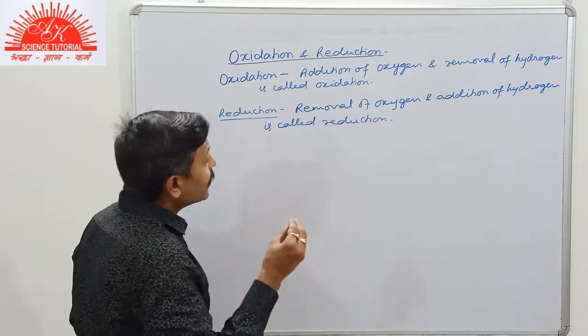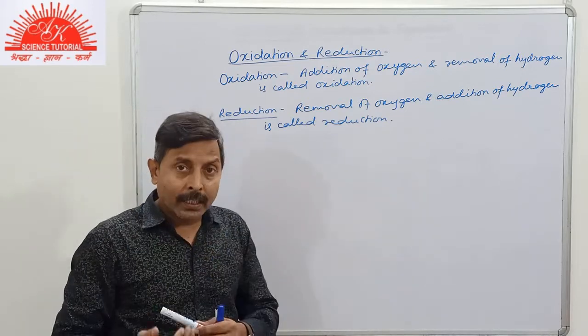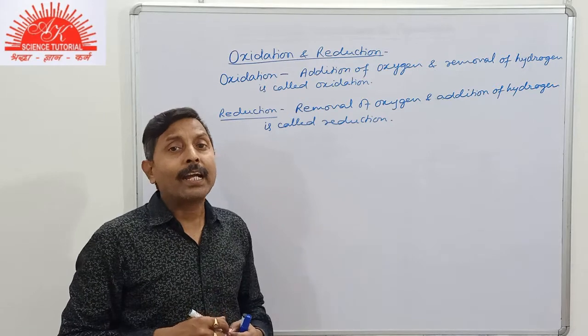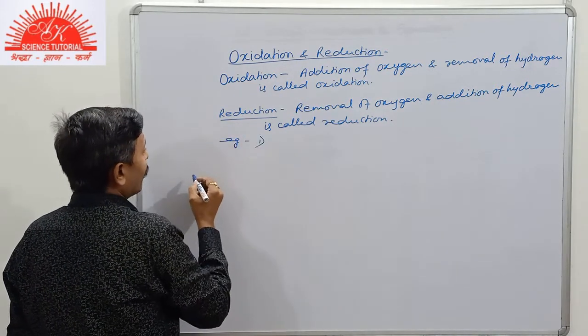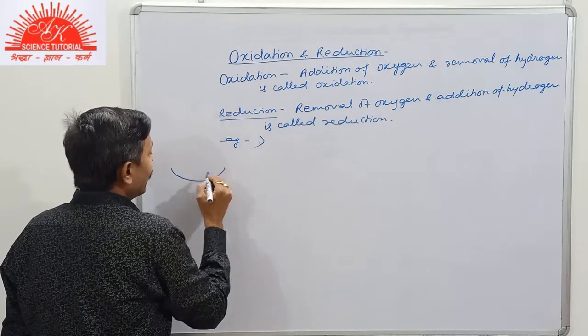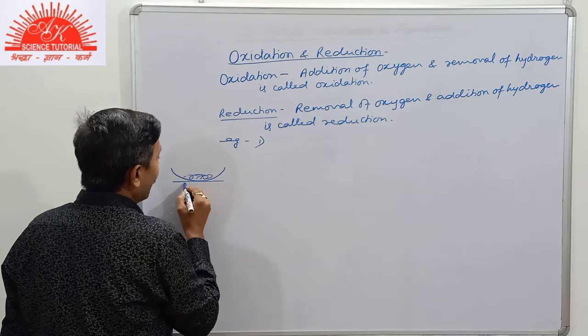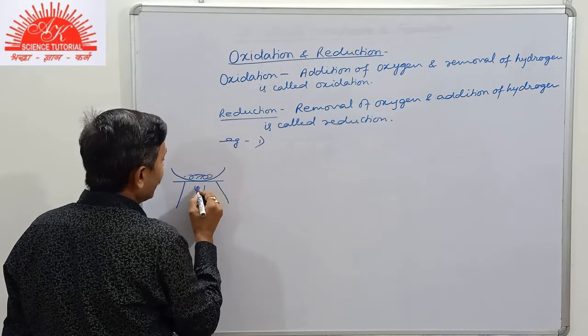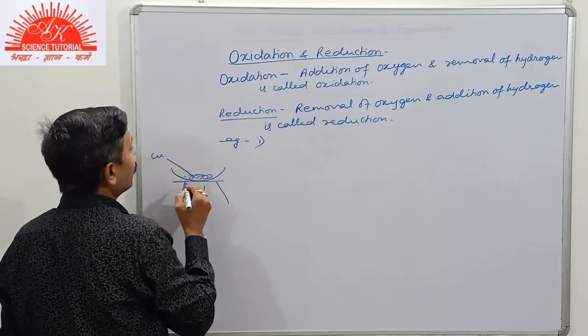Suppose copper turnings are taken in a dish and heated in air over a burner. Here this is copper.